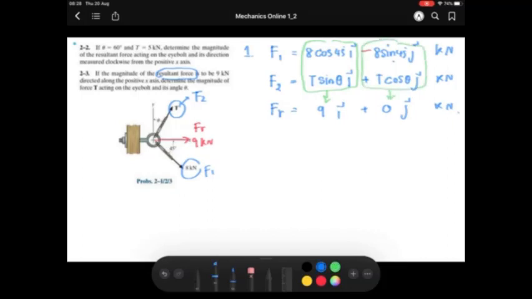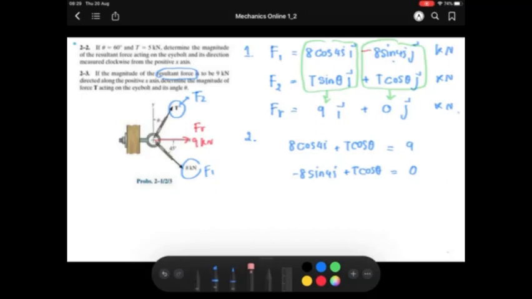So in the second step, 8 cos 45 plus T sin theta should be equal to 9, and minus 8 sin 45 from the y-axis of F1 plus T cos theta should be equal to 0.